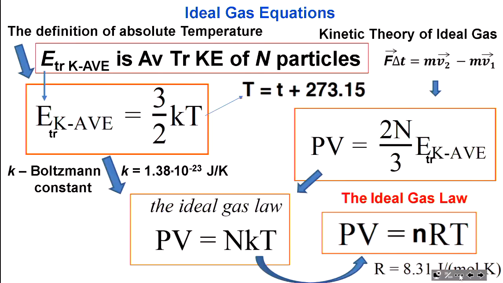And then there is a simple model and simple algebra, which brings us from Newton's second law to the gas law of kinetic theory. Kinetic theory relates pressure, the volume of the container, and average translational kinetic energy.